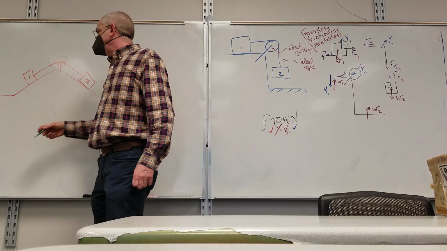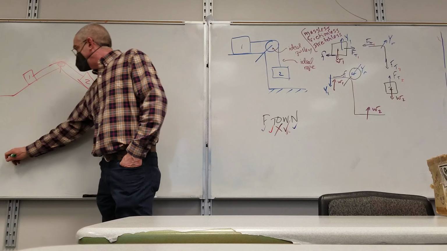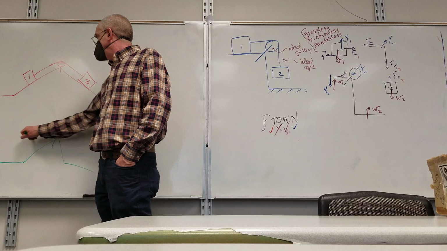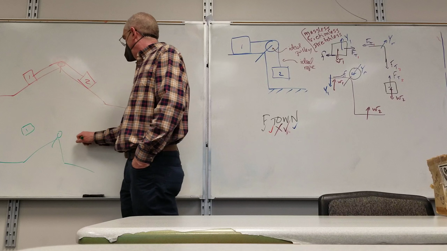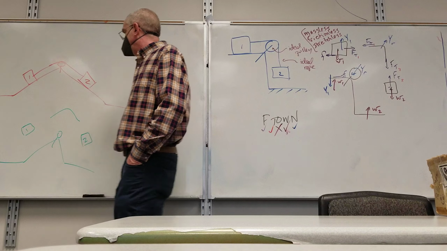Draw my object separately. The ramp is part of the ground. Now I'm going to make the pulley part of the ground also. So I've got one, I've got two, and then I've got the rope.